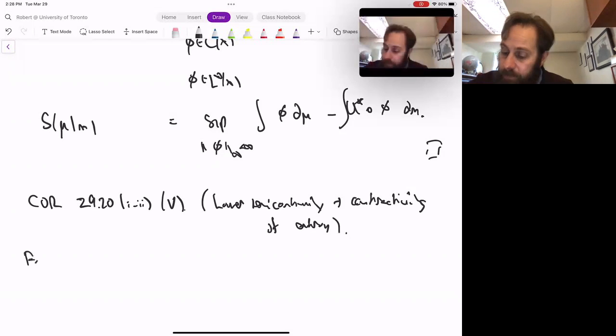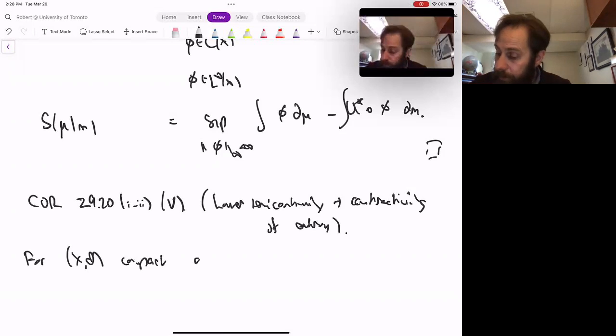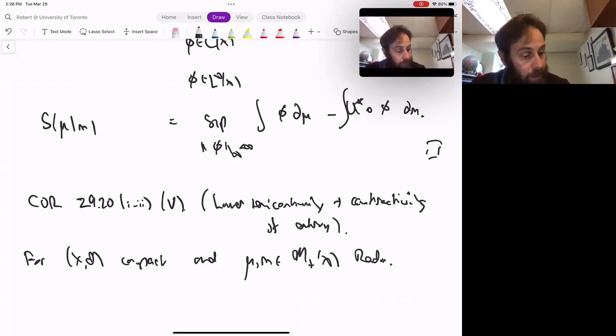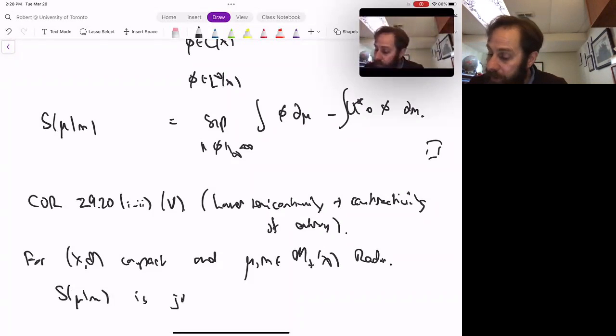And so the statement is that for X compact, as before, and mu and m Radon measures, S of mu given m is jointly lower semi-continuous in both variables.